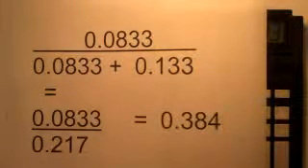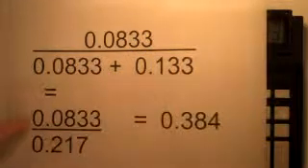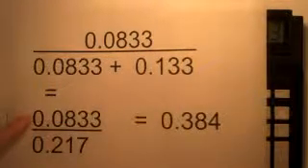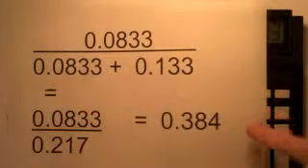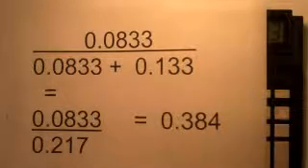When we add 0.0833 to 0.133, we get 0.217. And then finally, to get the final result, we need to take 0.0833 and divide that by 0.217. And we already see the answer here is 0.384.